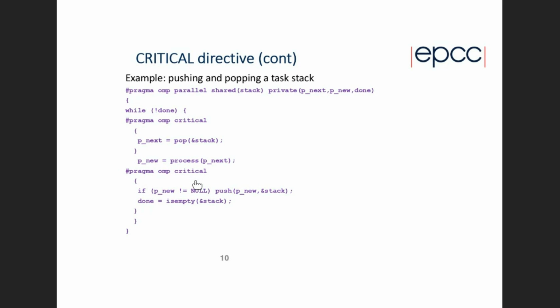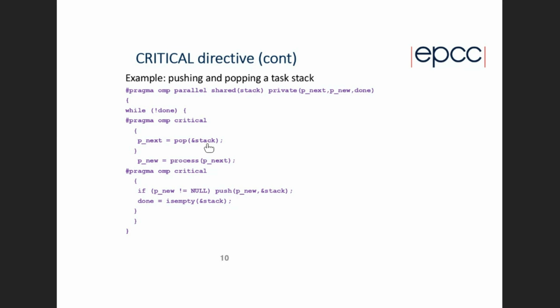Again, I'm assuming that this shared stack data structure needs some protection from multiple threads trying to access it at the same time. So in this case, I need to protect both the pop and the push functions. And the semantics of OpenMP critical means that I can just do it like this.